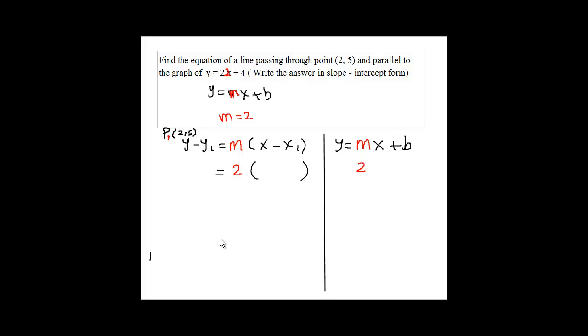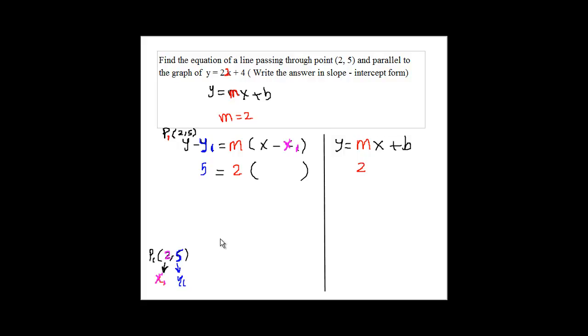The first one corresponds to x1 and the second one corresponds to y1, and that's what we have to substitute here. y1 should be 5, and x1 should be equal to 2.